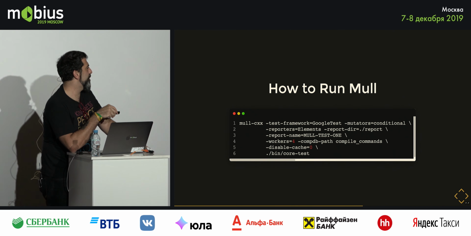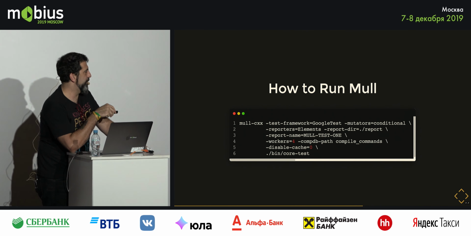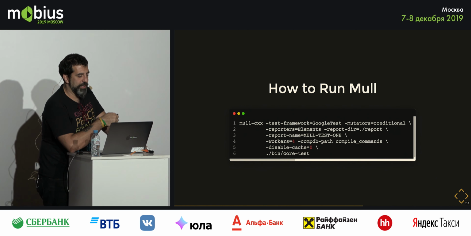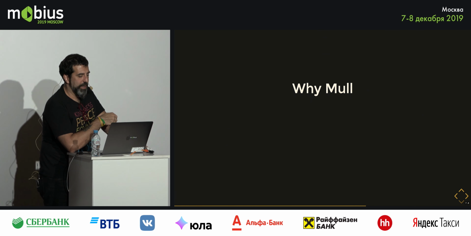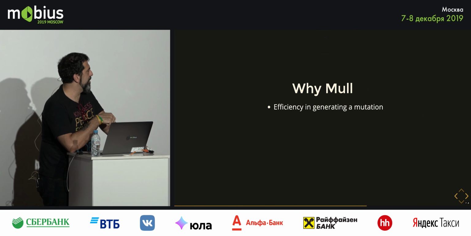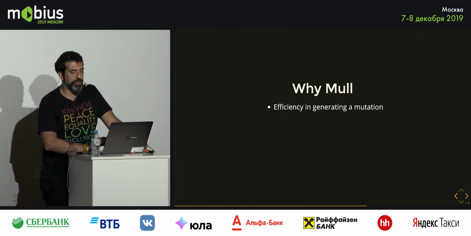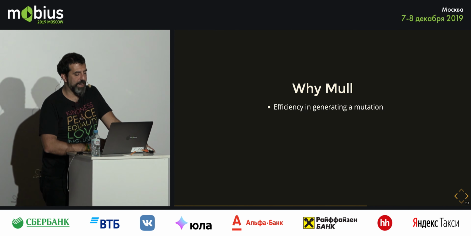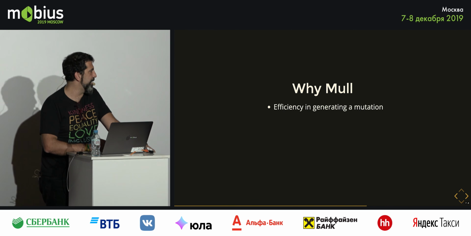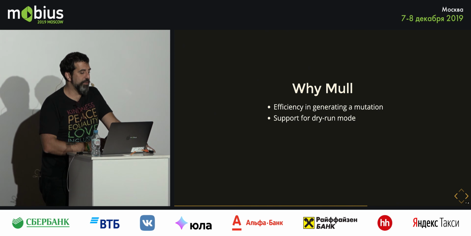You want to use the cache. You definitely want to use the cache. And this is where you are using the binary that you want to execute to run all your tests. So it's easy to run, easy to configure, and it's extremely efficient in generating the mutations because it directly manipulates the LLVM IR code and supports dry run mode.